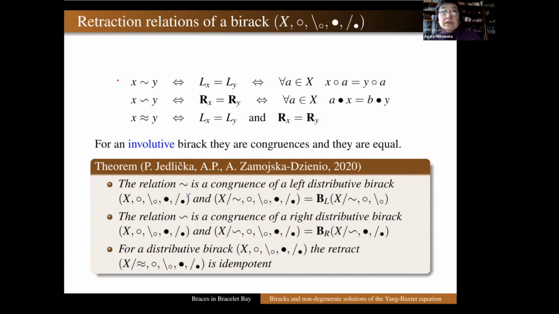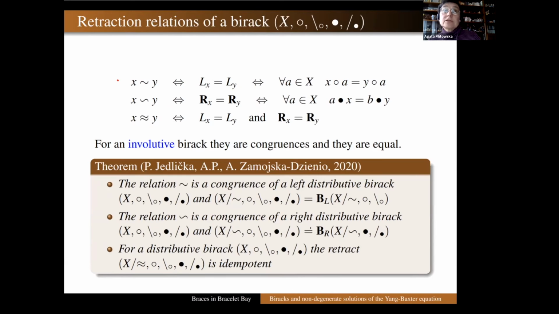Of course, we have the dual symmetric version for the right distributive Birack, and in this case, because it is a congruence of the right distributive Birack, the quotient Birack is the right derived Birack of the quotient Birack.